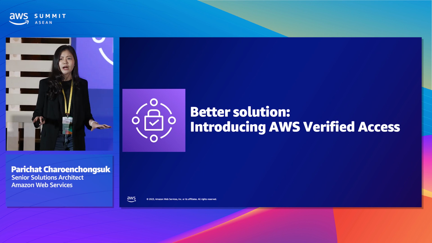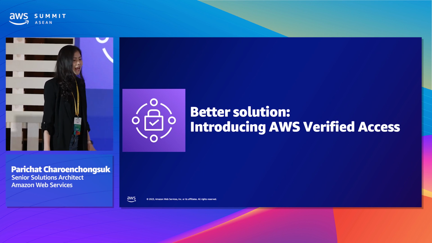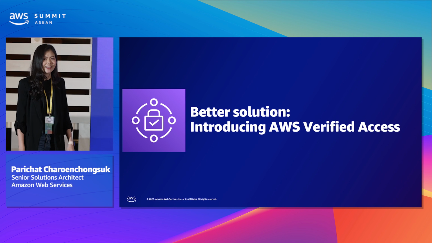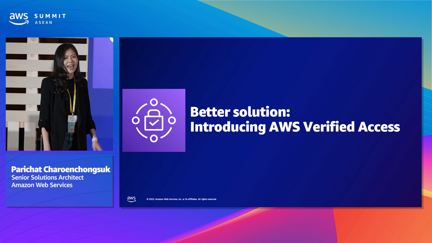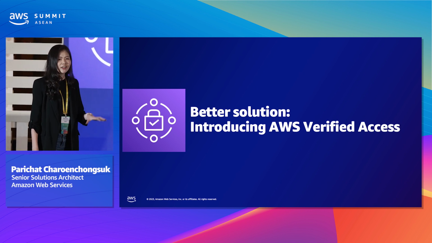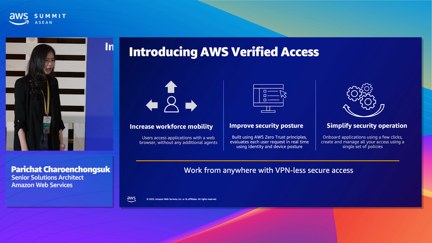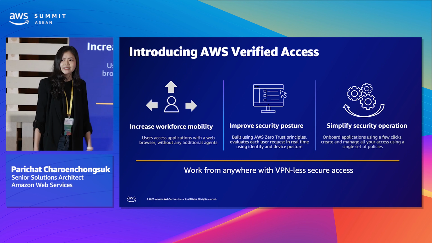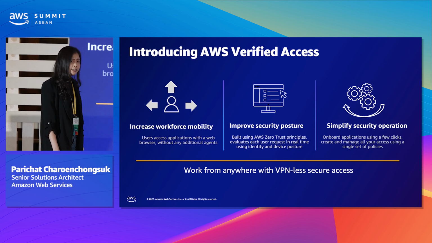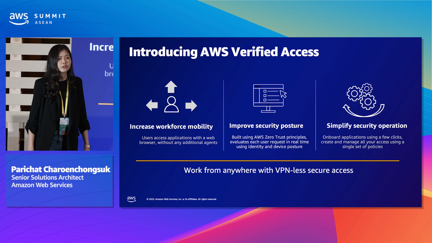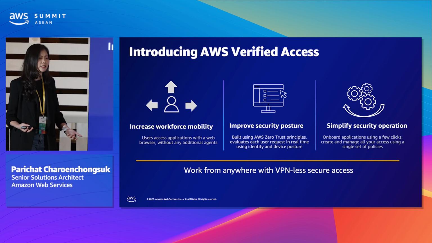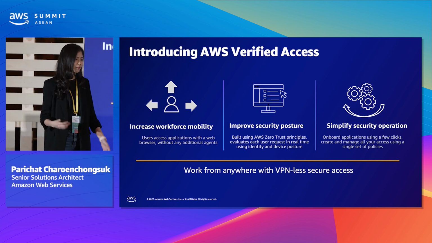With this feedback from our customers, we announced AWS Verified Access at re:Invent last year, and it's now available in select regions. With AWS Verified Access, it gives users an easier way to connect. Your users can access your application from anywhere.